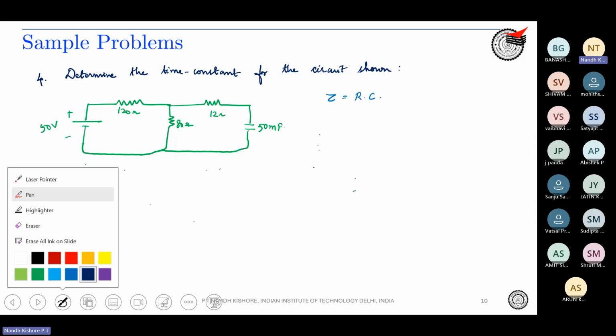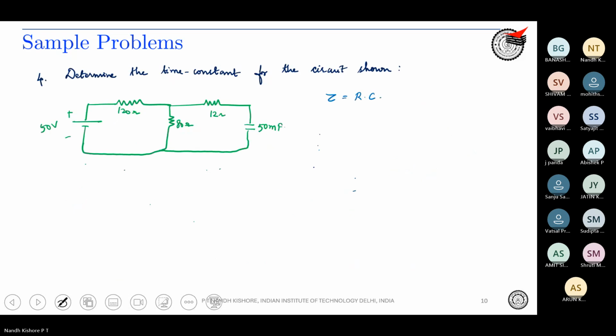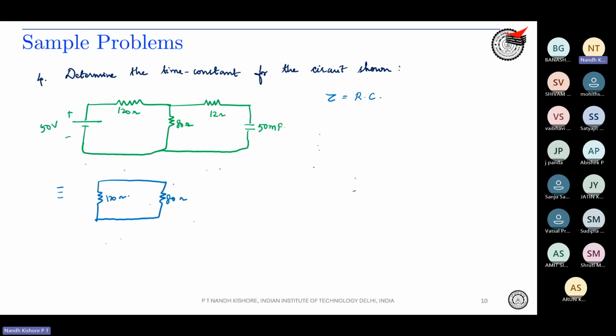So that is what we will again do. So what we can do is we directly short 50 volts. So what we get is 120 ohms in parallel with 80 ohms, 12 ohms, 50 millifarad.